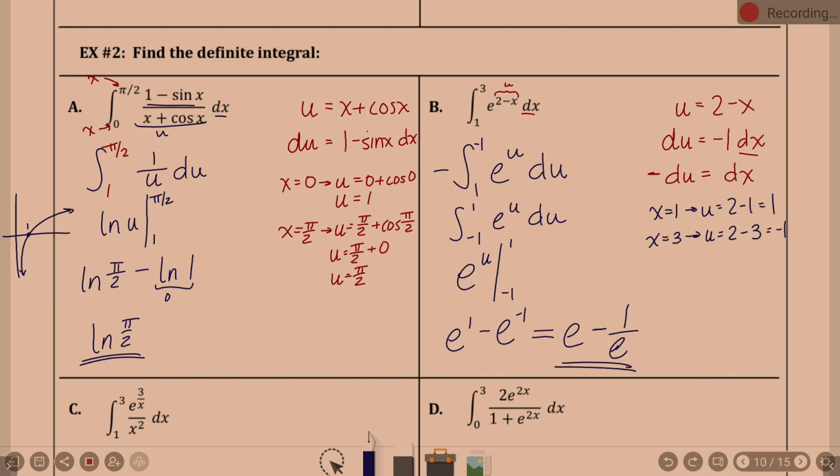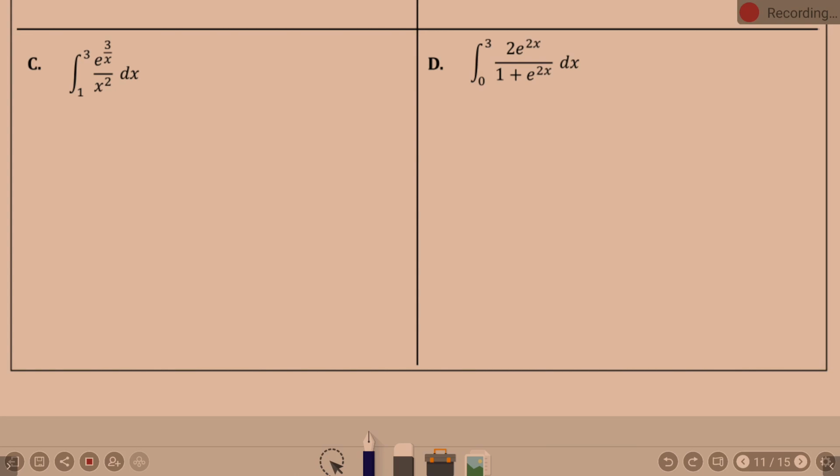Okay, let's keep moving. C. X squared. We've got to pick something to do.